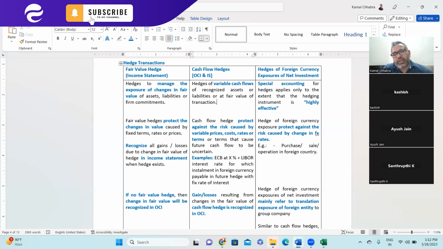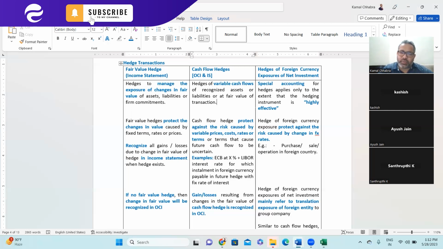In that scenario, the pricing for crude oil will fluctuate every second. As and when you are purchasing, whatever rate is applicable in that international market is applicable to you.